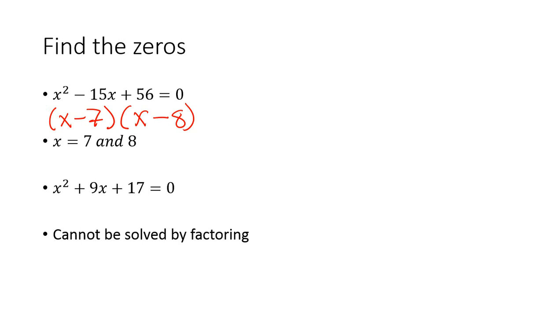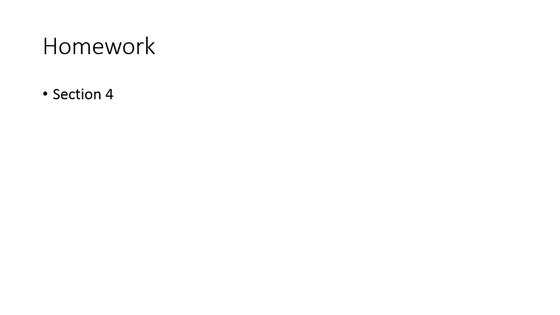For these, you're going to take the functions and try to factor them. Most, if not all, will be able to be factored. Then set them equal to 0 and solve for each. You should get 2 answers for every single one, unless the number is the same for both of them. For example, you could end up with x minus 4, and then you just have one answer of 4.